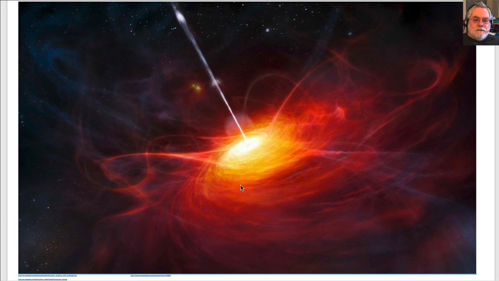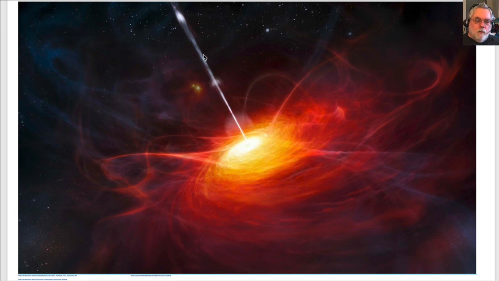Hot, dense, infalling plasma that has reached near the event horizon, which would be in here and we don't even see it, can also electromagnetically eject itself outward as two high-speed relativistic jets, perpendicular to the accretion disk, typically along the rotation axis of the rotating black hole, especially for supermassive black hole quasars.